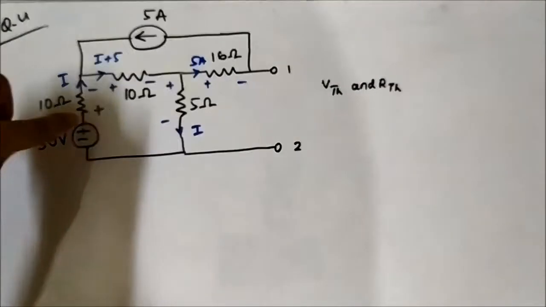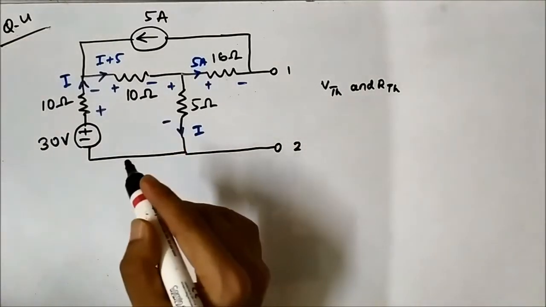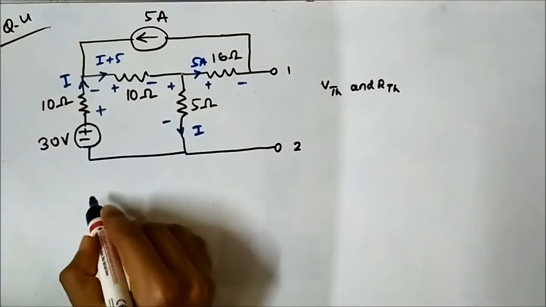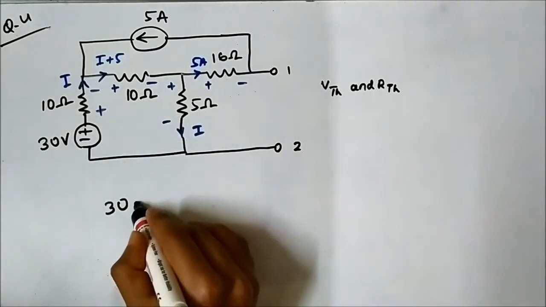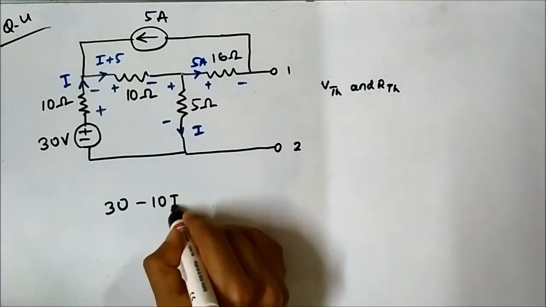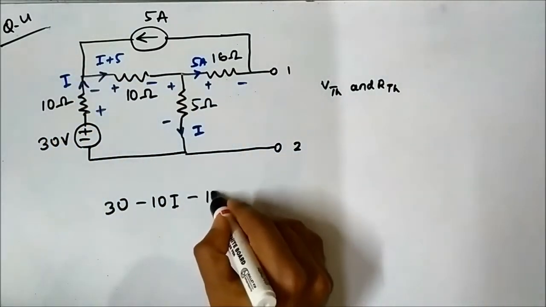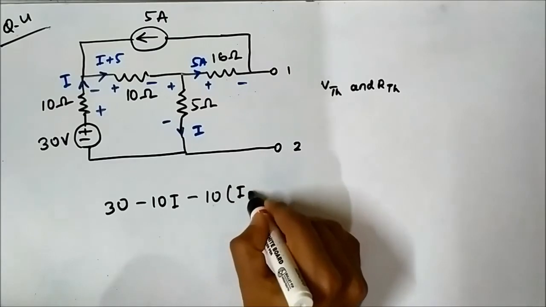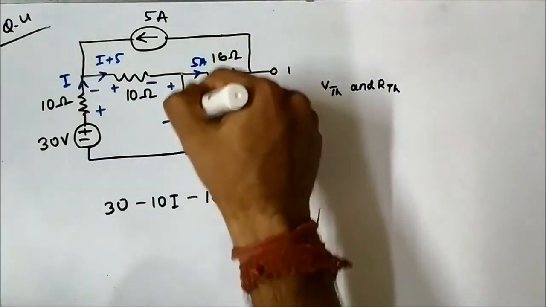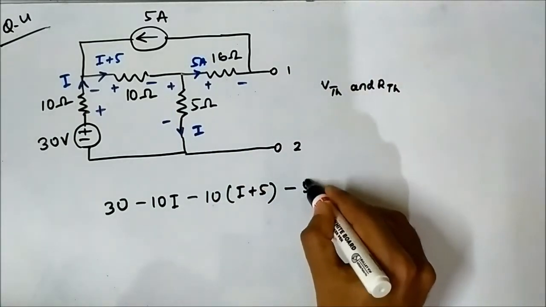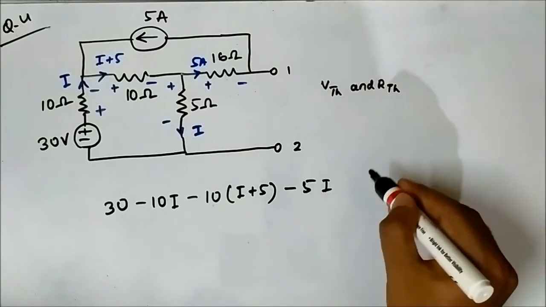So starting here, applying the second sign dominating KVL, the equation is 30 minus 10I minus 10 into I plus 5 minus 5I is equal to 0.